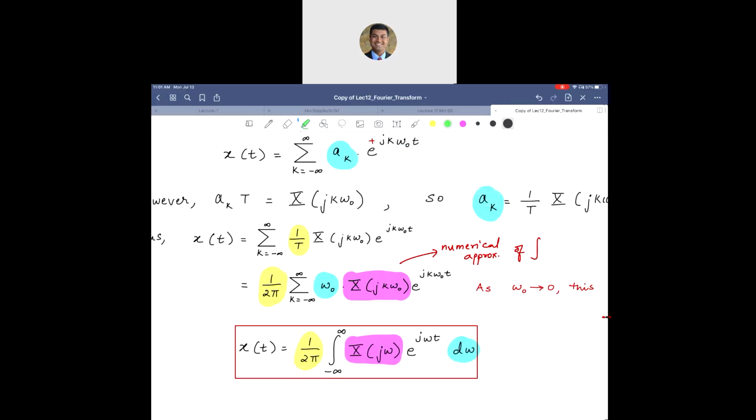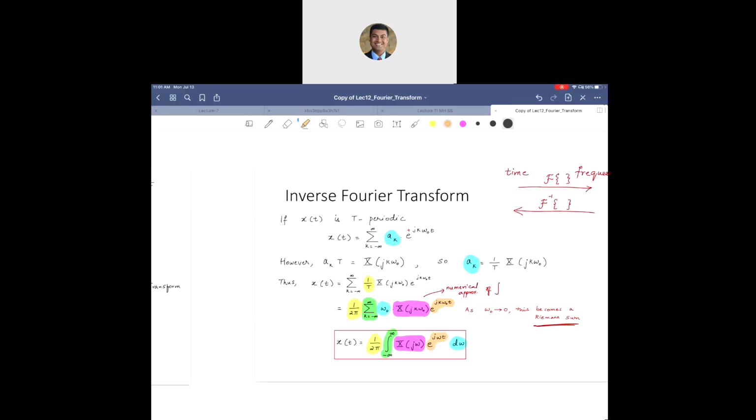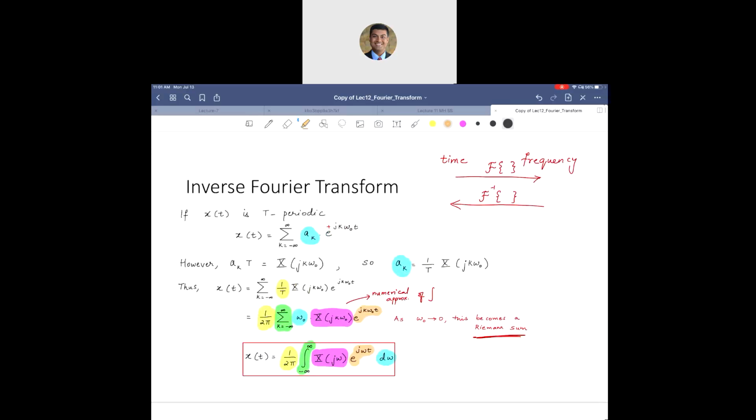Say green. What else? Orange. I've essentially mapped each operation. I have color coded them, showing how to go from that Riemann sum to the inverse Fourier transform.